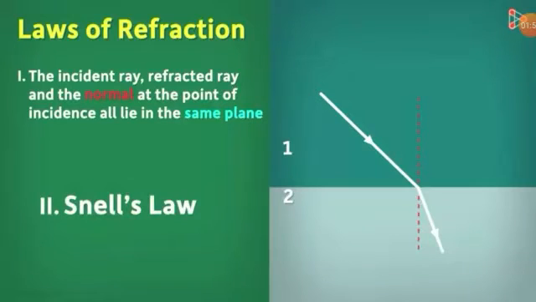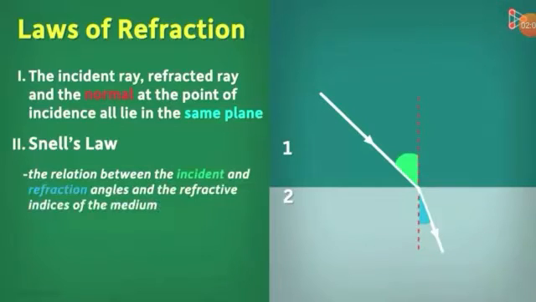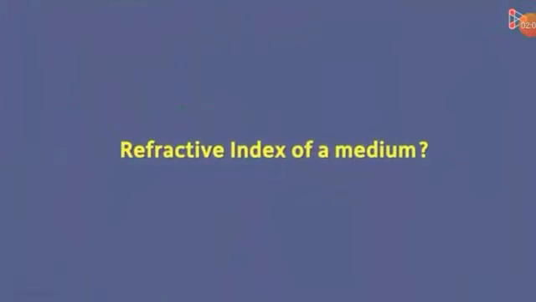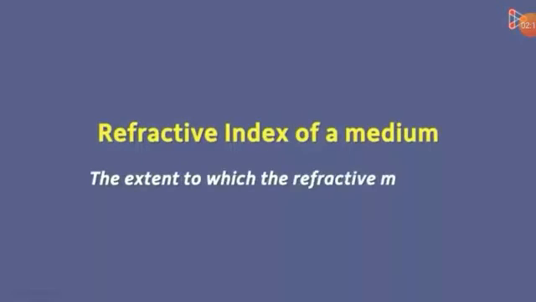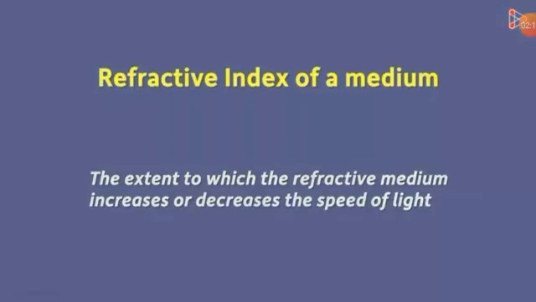The second law of refraction is also known as Snell's law. It gives the relation between the incident and refraction angles and the refractive indices of the media. What is the refractive index of a medium? It is the extent to which the refractive medium increases or decreases the speed of light.